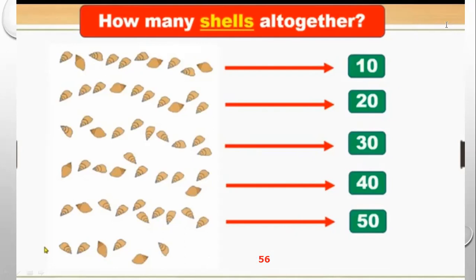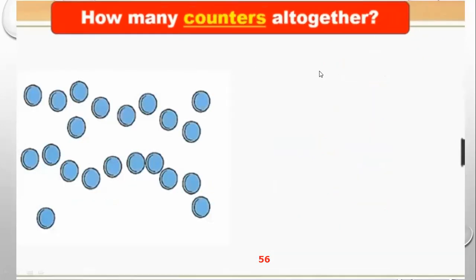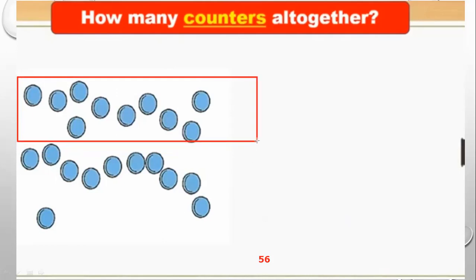So moving on to the next, the counters. Let's count. 1, 2, 3, 4, 5, 6, 7, 8, 9, 10. So the first row has 10 counters, starting from here till here. 1, 2, 3, 4, 5, 6, 7, 8, 9, 10.